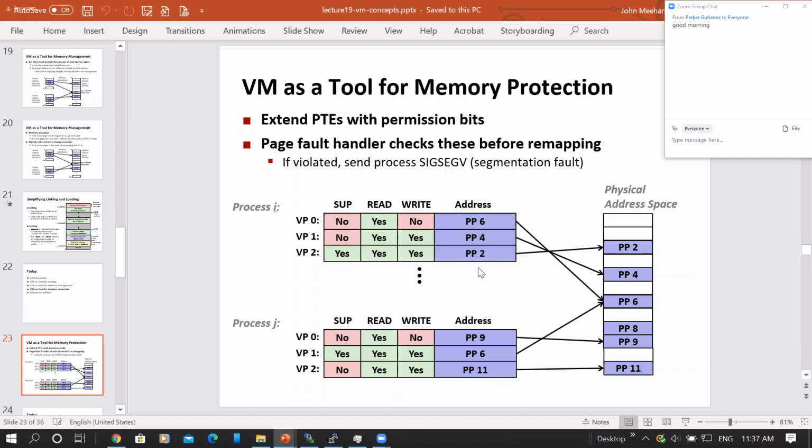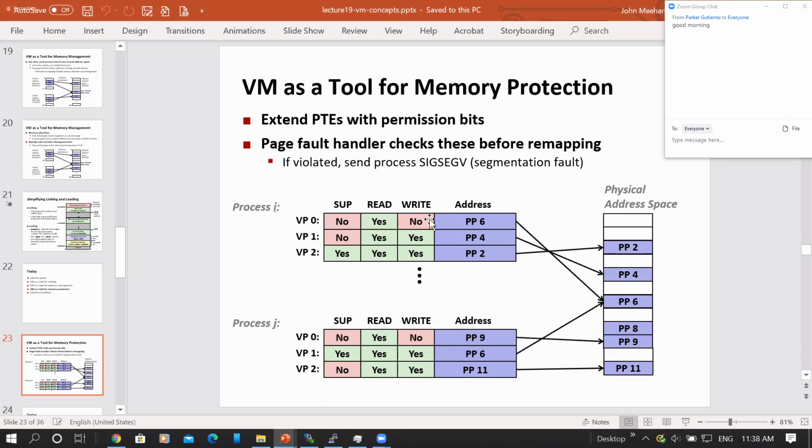So what this is saying is, for example, the first one up here, virtual page 0 mapped to physical page 6, that says this process 1 can execute instructions that read out of that memory, but if it tries to write into that memory, it'll cause a segmentation violation, which will vector up into the OS once again. And that would be a seg fault, right? You're writing into a page that you only have permission to read.